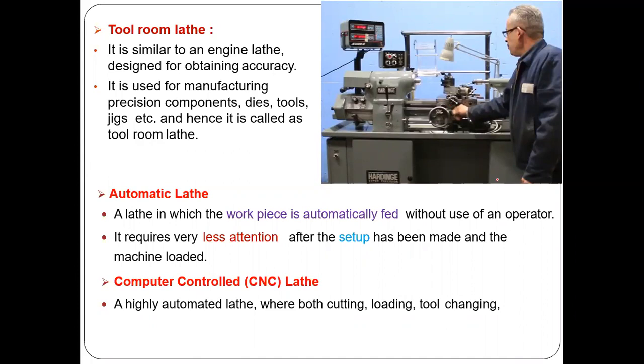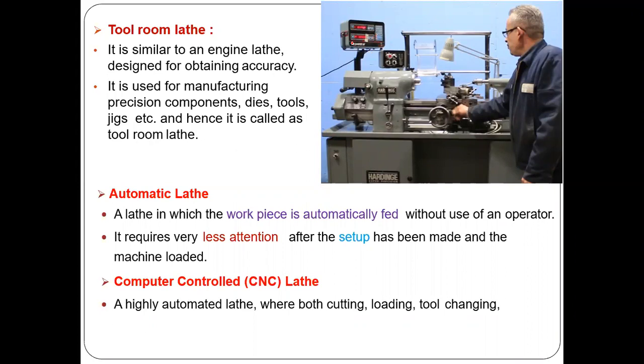It is similar to an engine lathe, designed for obtaining very accurate sizes. If you see in this image, you have some kind of meters there. Actually these meter readings are giving you the sizes as well as the surface finish of the workpiece.